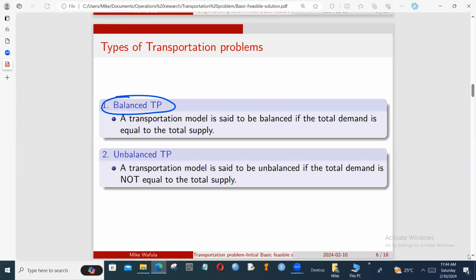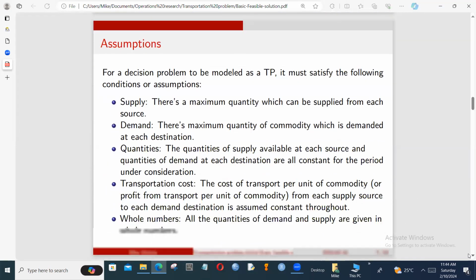Before we come to the end of the topic, we shall have seen how we can balance one that is unbalanced before solving it.